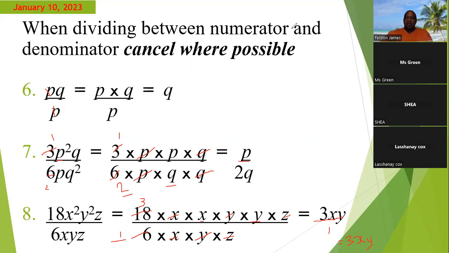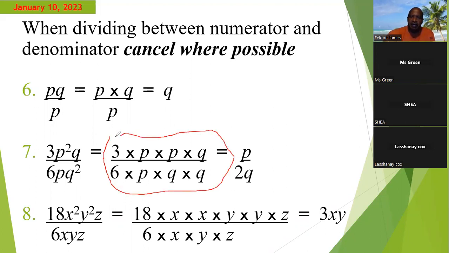Now I am going to show you a shorter way of doing it. We're going to do it with the powers. So we're going to ignore what is happening here, and for this one, we're ignoring what is happening here. We're just working with this part.